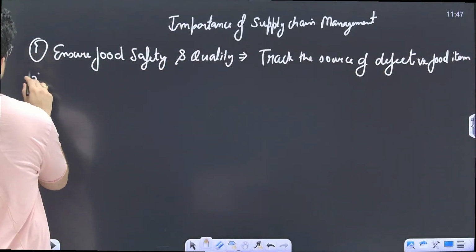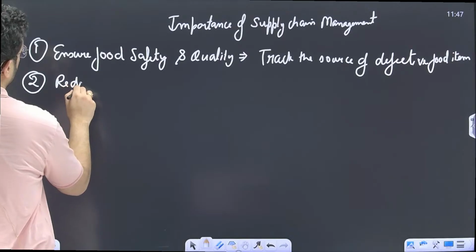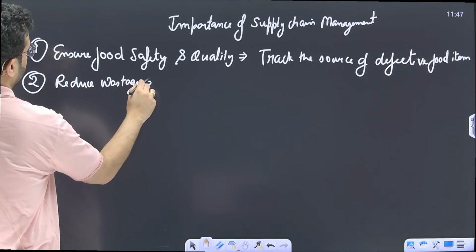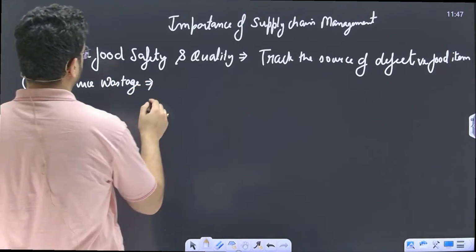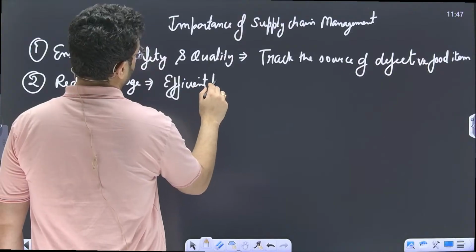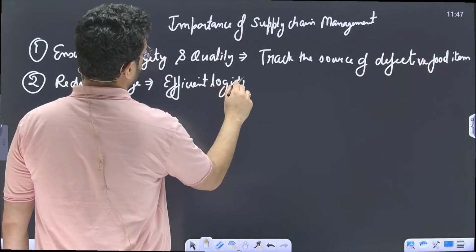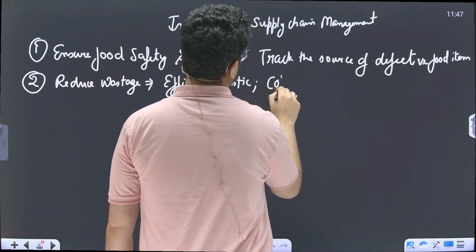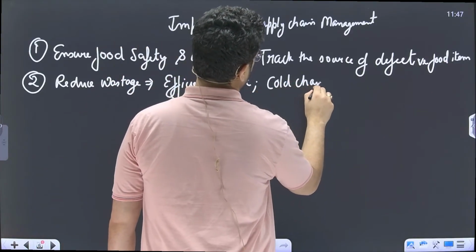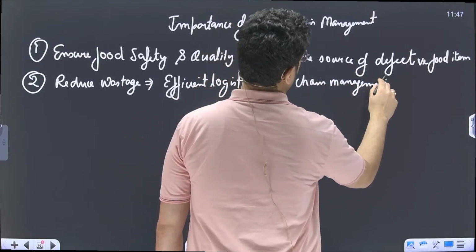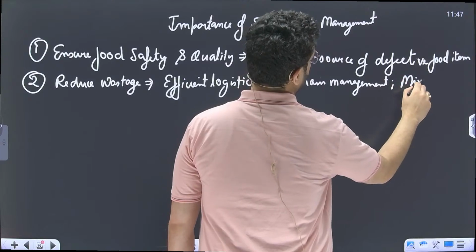Second, reduce wastage. You need to reduce the wastage. How can wastage be reduced? Efficient logistics. Cold chain management.